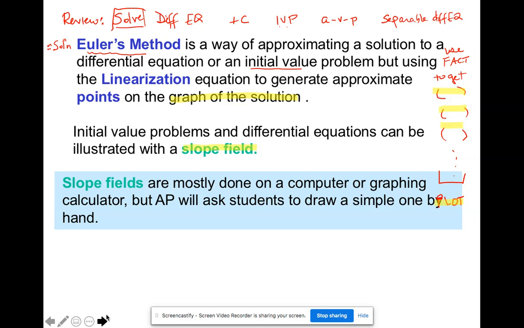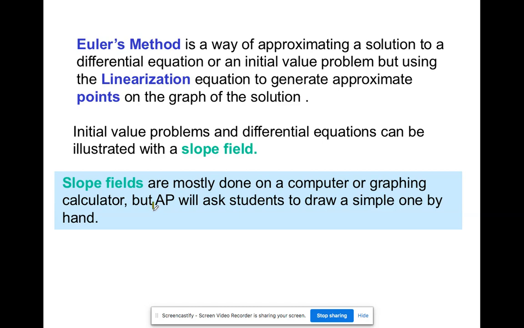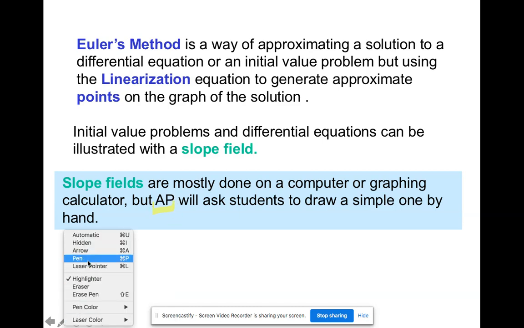They are mostly done on computers, and this is super easy to Google: Desmos, GeoGebra, just ask for slope fields and you'll see. They're very easy to pull up. But what AP is going to ask you to do is one of two things.